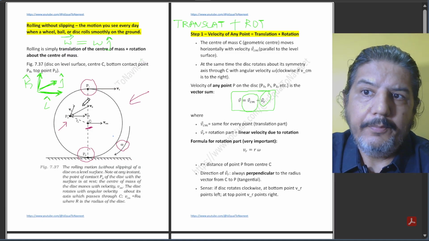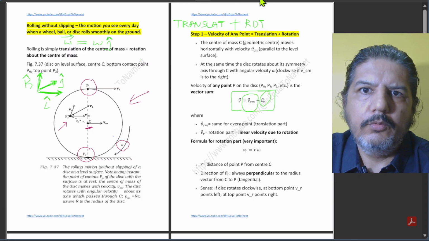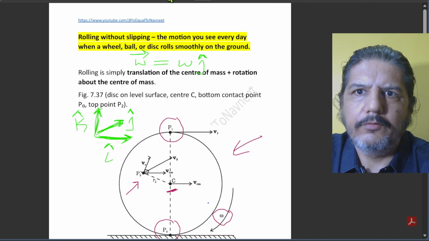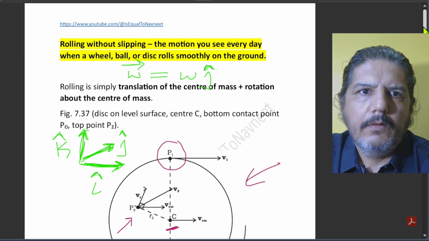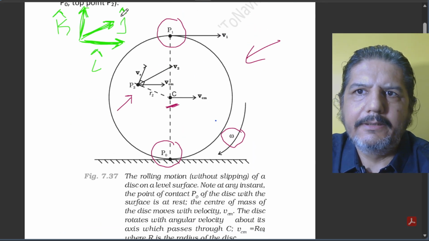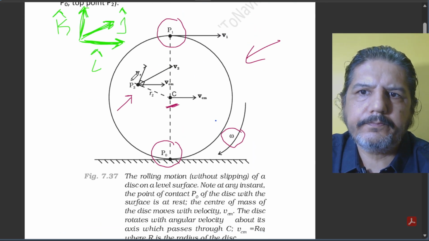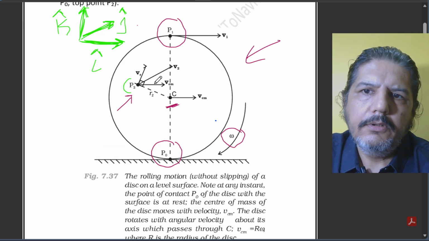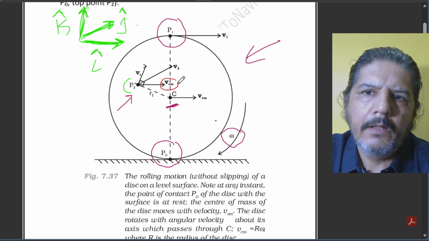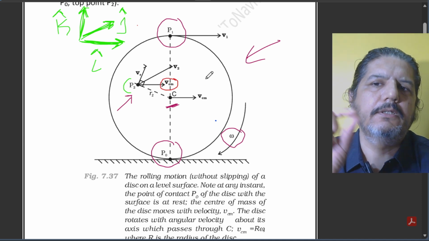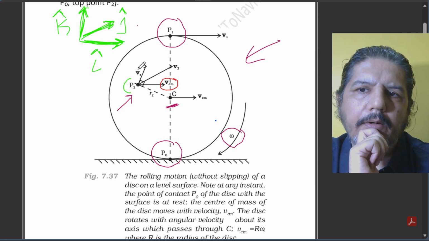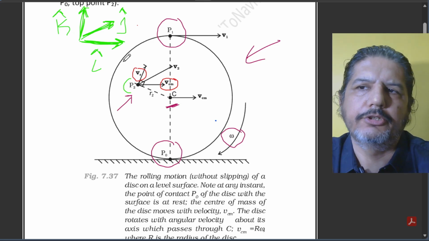If you look at this point P2, let me expand this point P2 so that we are able to focus on this well. See, the velocity at point P2 is given by the vector sum of the Vcm, which is the velocity of the center of mass, plus the Vr, which is due to the rotational motion.